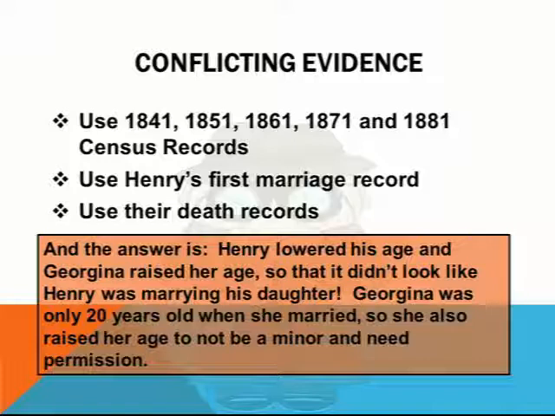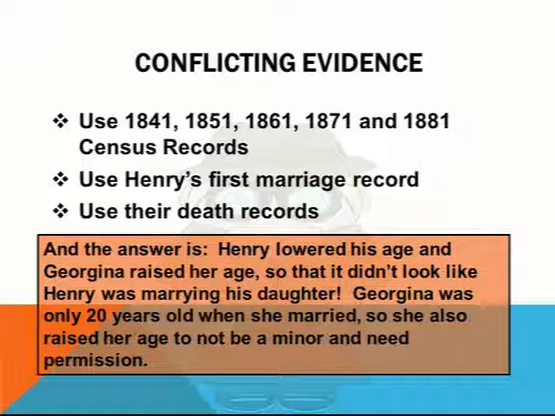Of course, additional evidence was needed to reconcile this conflicting evidence. It turns out that the christening dates are close representations of their birth dates. Why would a 48-year-old man want to appear younger when marrying a 20-year-old lady? Is there any logical reason a 20-year-old minor would want to appear older in this situation?